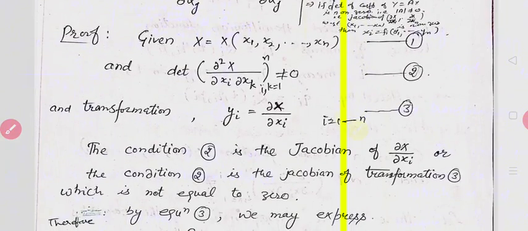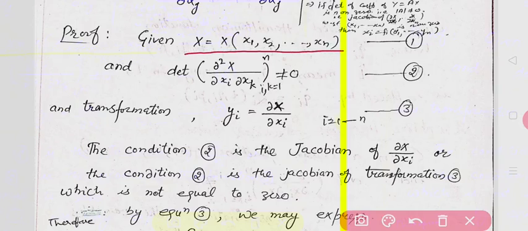What is given here? Obviously it is given that a function capital X of x1, x2, x3, ..., xn, and the determinant of all the second order derivatives, curl square X over curl xi curl xk, where i varies from 1 to n, is non-zero. And one transformation is given, curl X over curl xi equal to yi.